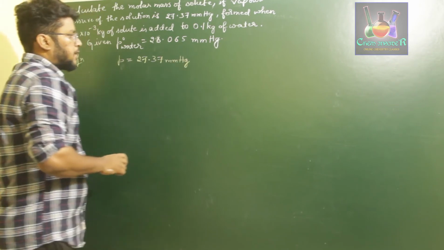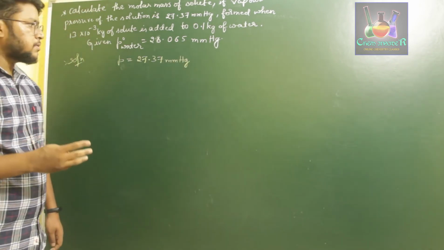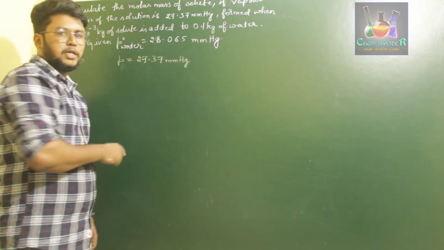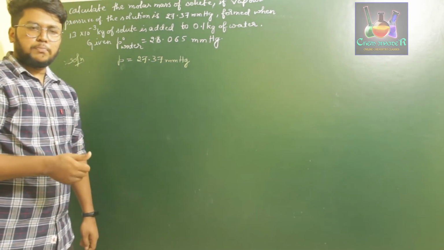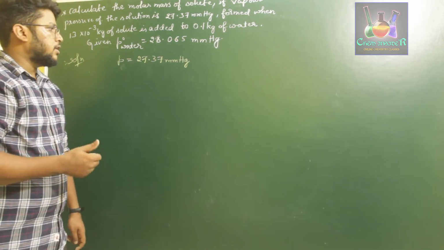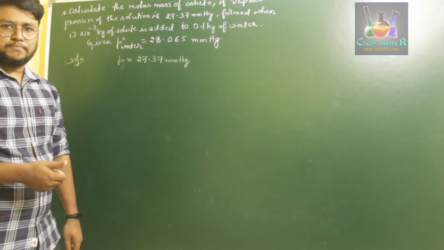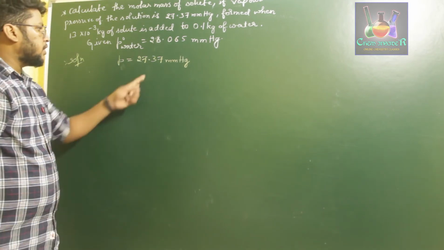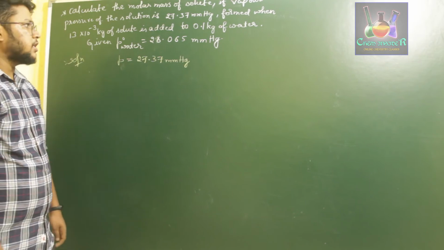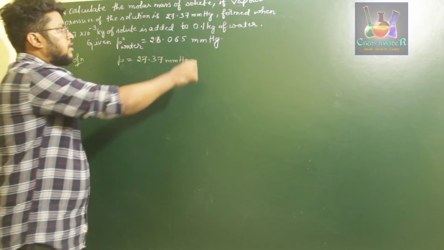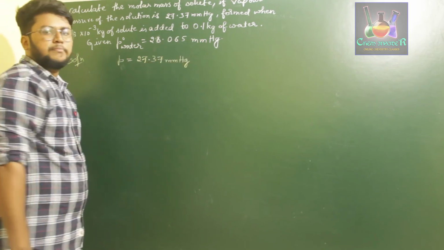Remember, this pressure can be expressed in three types: one in the unit of millimeter Hg, one in the unit of Newton per meter square, that is a force, and the third in bars, atmospheric bar. Here they have given it in millimeter Hg. So always observe that all these have the same units.